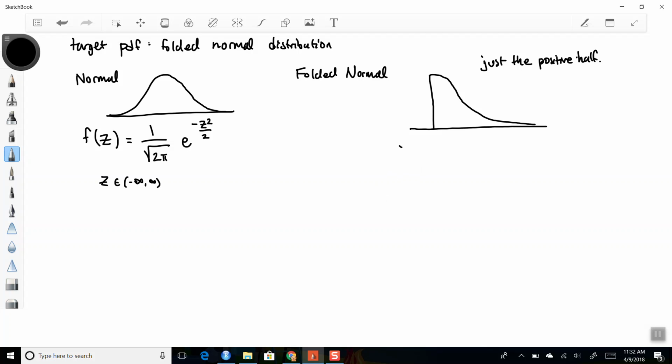And so f of x in this case is basically exactly the same, but because it's only half and it still needs to integrate to 1, it's going to be twice as tall.